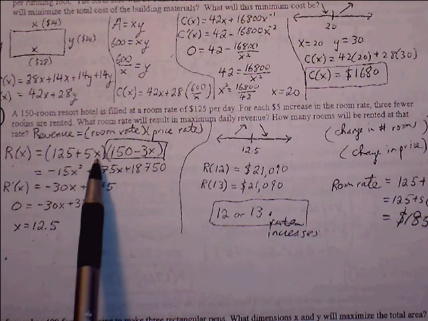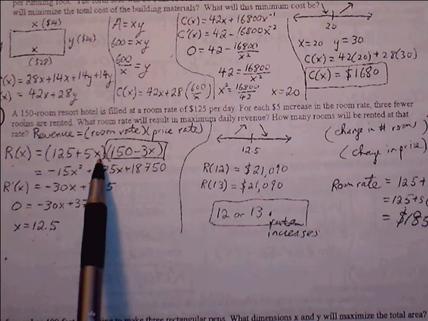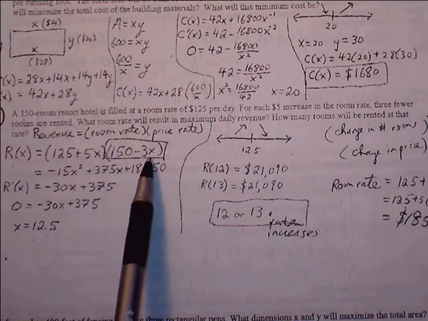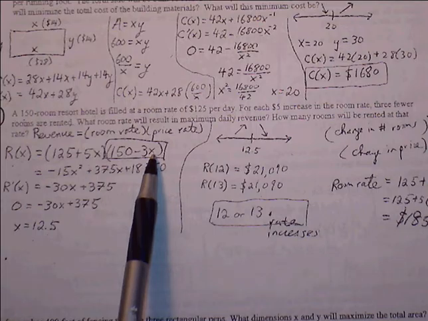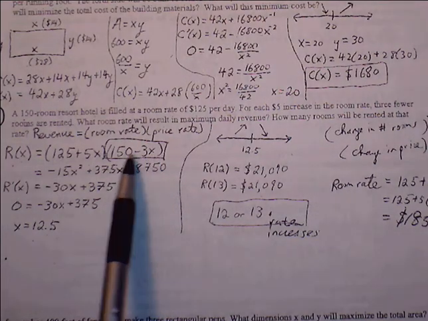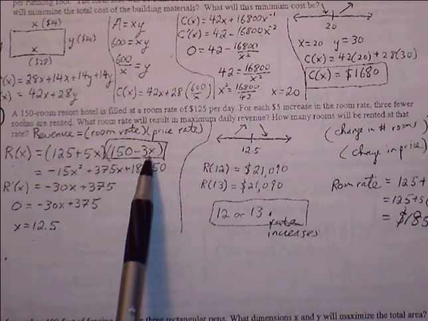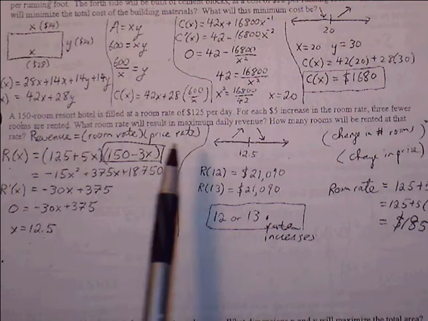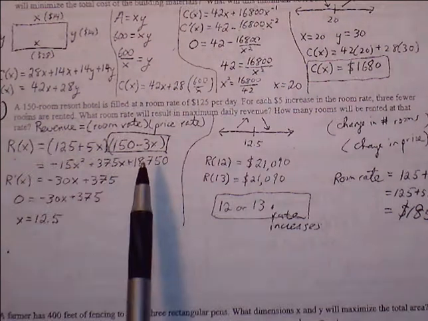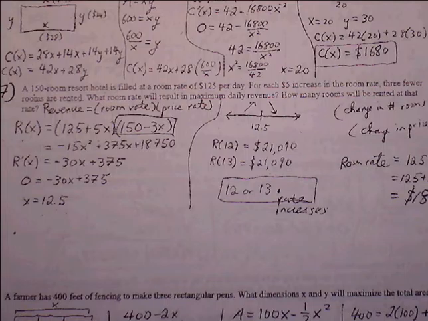But the problem is that each time they have a $5 increase, whether it's 1, 2, 3, however many times they do a $5 increase, the same thing happens, where it's going to be an equal effect in the sense that there's going to be 3 fewer rooms rented out. Okay, or 3 fewer customers here.